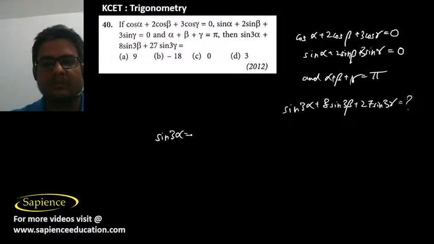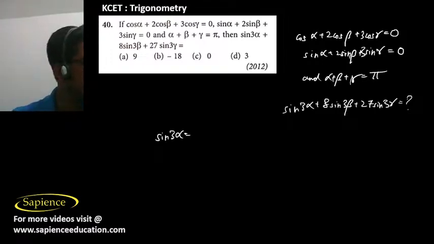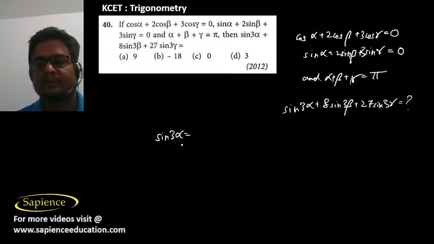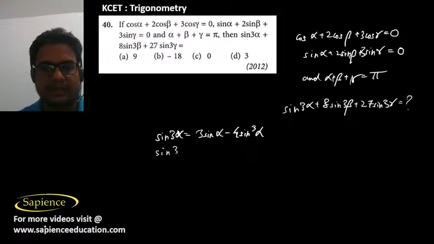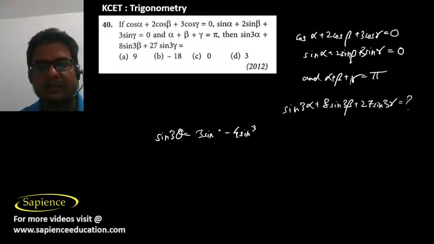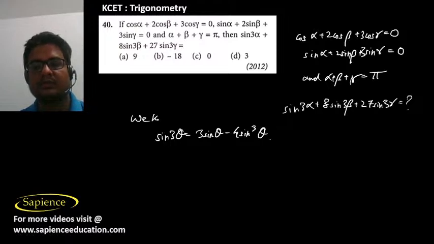So now, sine 3 alpha will be equal to 3 sine alpha minus 4 sine cube alpha. We can just generalize it: sine 3 theta is 3 sine theta minus 4 sine cube theta, we know this.